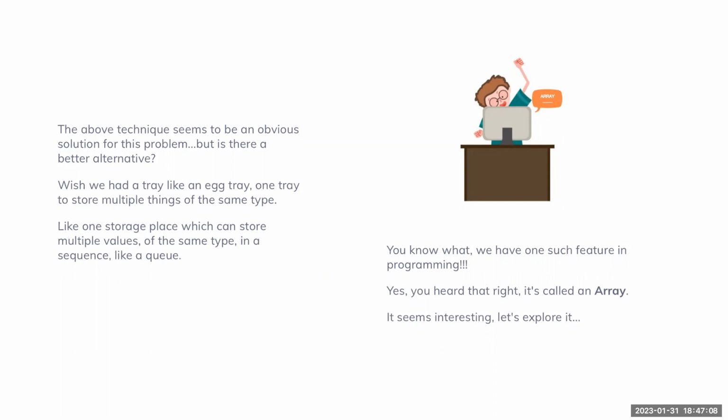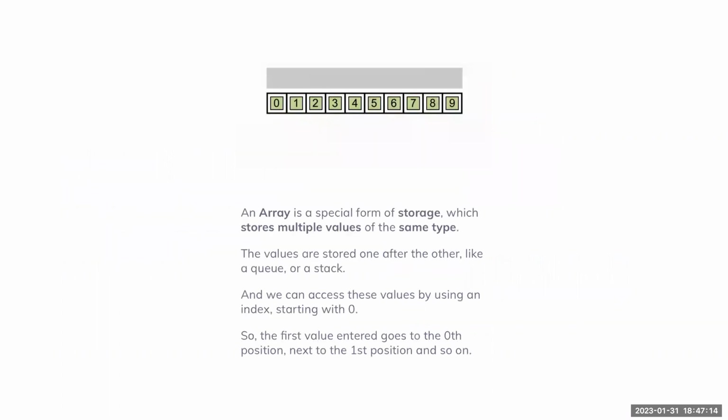The first concept is the array. An array has multiple things, and it is a very special storage which can store multiple values. Just see the picture above: I have indexes 0 to 9.